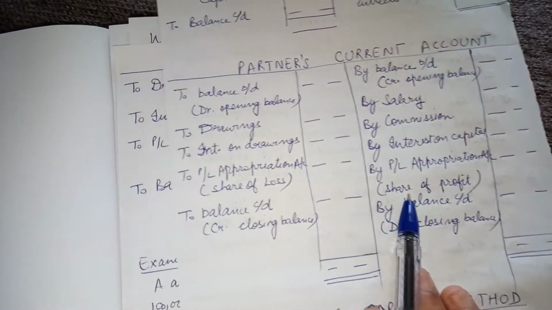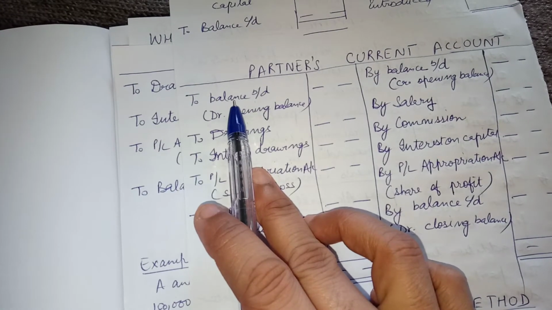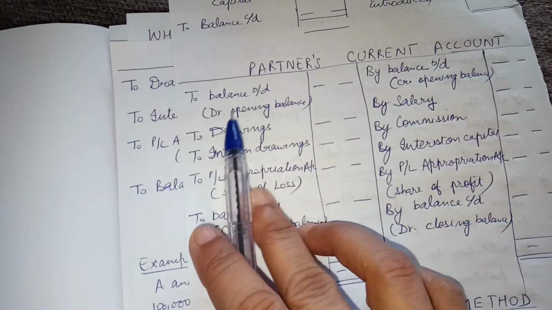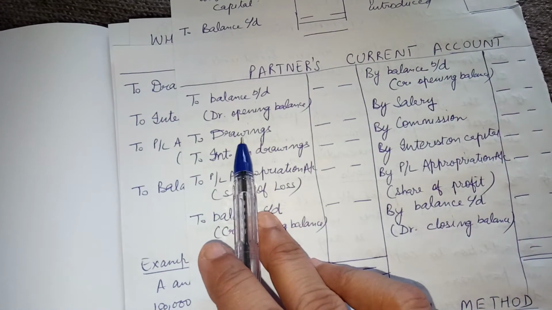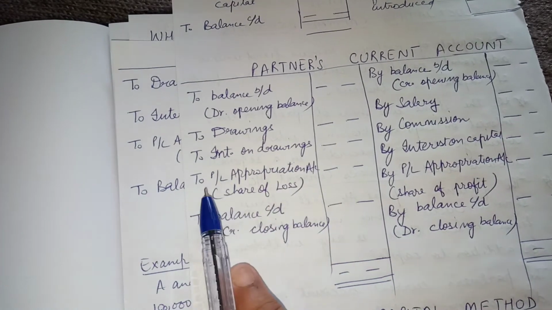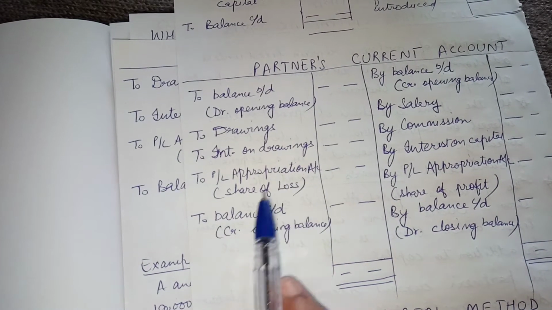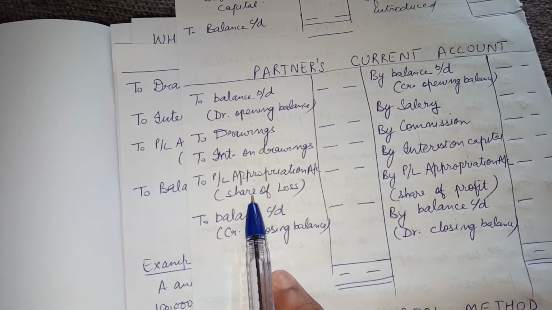And then to balance brought down, it means the opening balance, if it is debit, then it will be on the debit side. Then to drawings, to interest on drawings, and then to profit and loss appropriation account. If there is a loss in the firm, then the loss will be entered here.